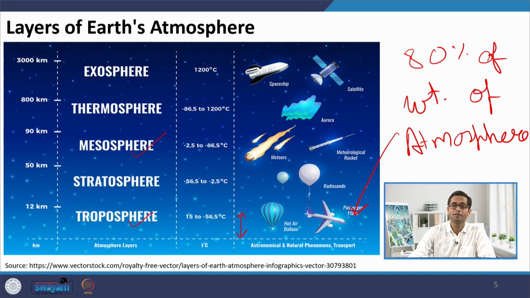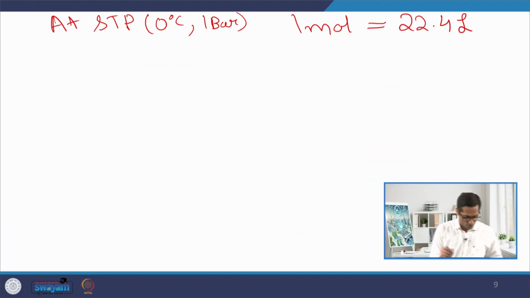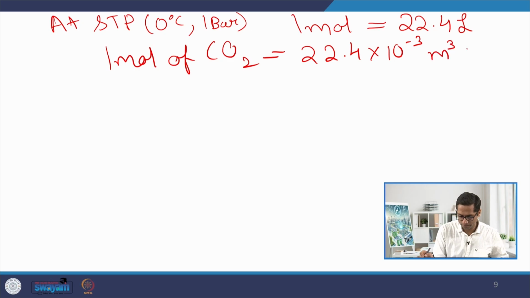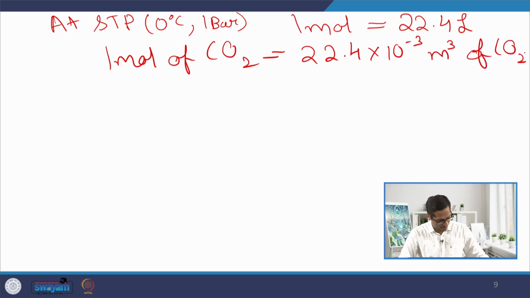This is what I will be assuming: that the whole of the troposphere is essentially present at STP, which is 0 degrees Celsius and atmospheric pressure. If this is the case, I can assume that 1 mole of CO2 is equal to 22.4 into 10 to power minus 3 meter cube of CO2 present in the troposphere.